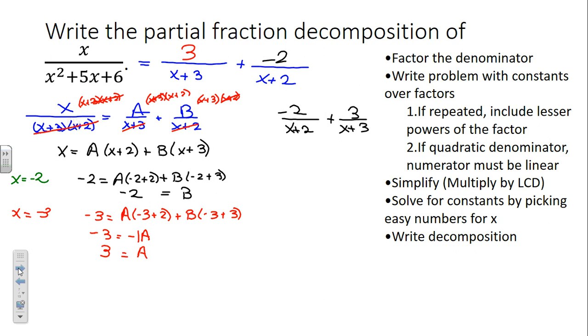Okay? Depending on which one you wrote first will impact which one's on top, right? But the 3 should be over the x plus 3, and the negative 2 should be over x plus 2. Okay, so don't think, oh my gosh, I did it wrong, right? If you factored x plus 2 first and x plus 3 second. Make sense?